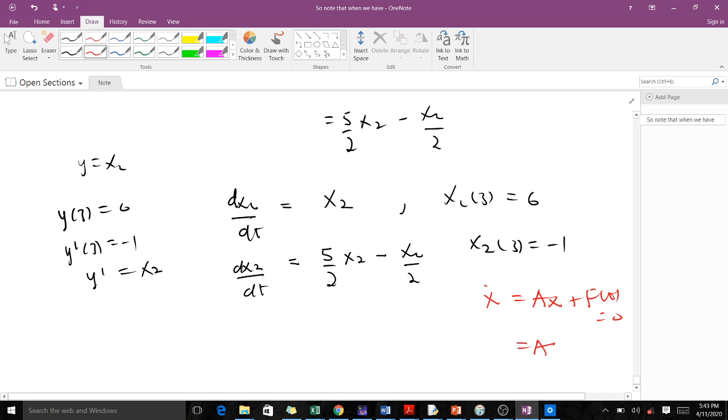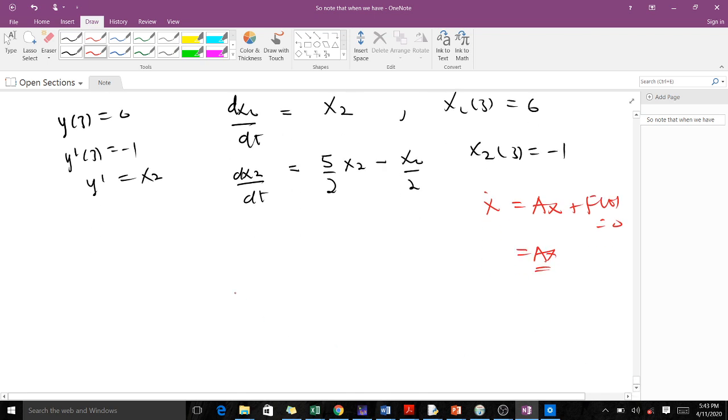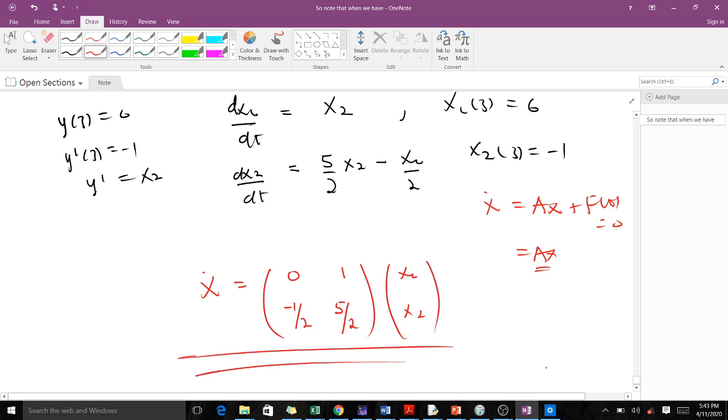So x dot, the first derivative of our x's, will be equal to: you see here our x1 component is 0, we have 1 here, here it is minus half, and here it is 5/2, and we have x1, x2. So this is how to write our question in matrix form. So this is it with changing higher order ordinary differential equations into a system of first order ordinary differential equations. Thank you.